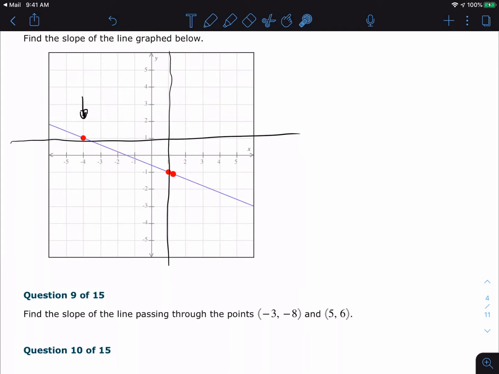If I start at this point, I went up 1, 2. So since I went up, my slope is going to be positive 2. Okay, then I'm going to go from this point where they intersect, I'm going to go 1, 2, 3, 4, 5. So that's going to be a 5 down here. But did I go right or left? Since I went left, it's going to be a negative, and that's my slope.